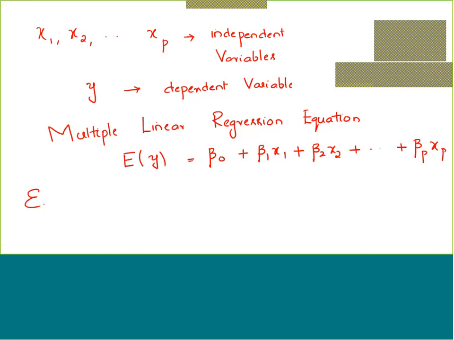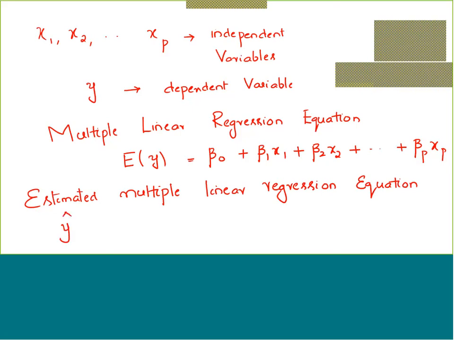That's why we have an estimated one: y crown is equal to b naught plus b1 x1 plus b2 x2 plus and so on bp xp.